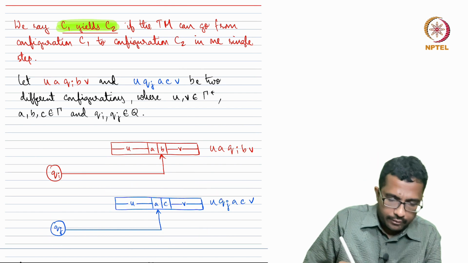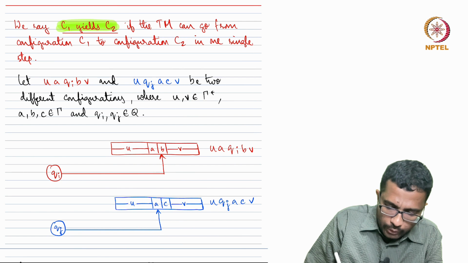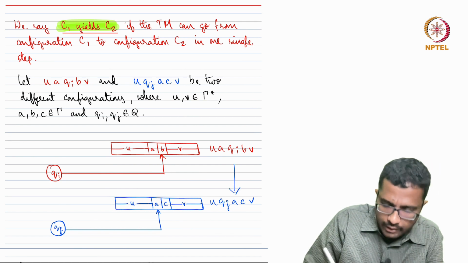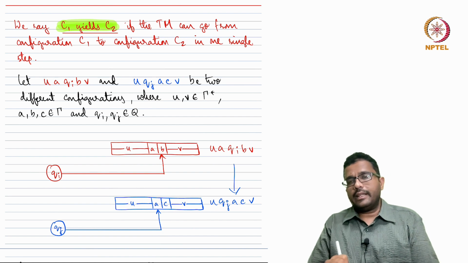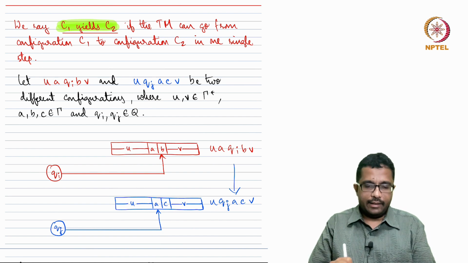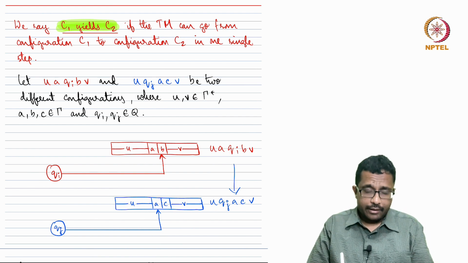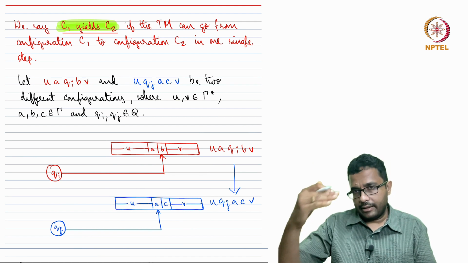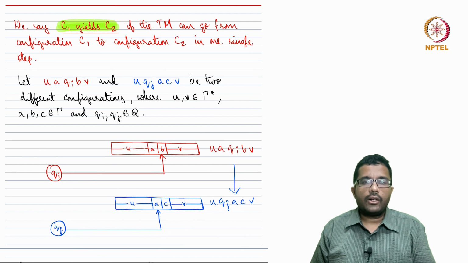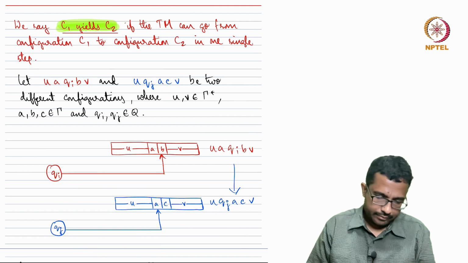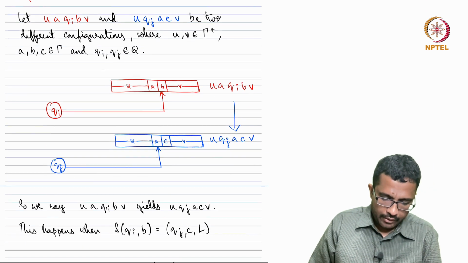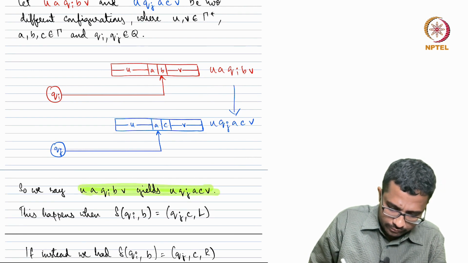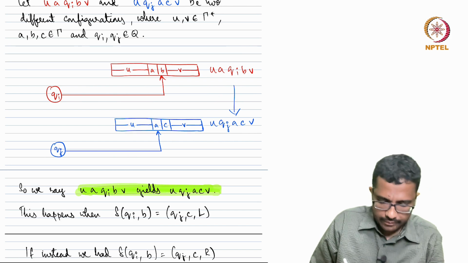So we know that U, A, Qi, B, V yields U, Qj, A, C, V, and that is a unique configuration that it can yield. In a deterministic Turing machine, there is only one clear configuration that it yields, right? So we say this.